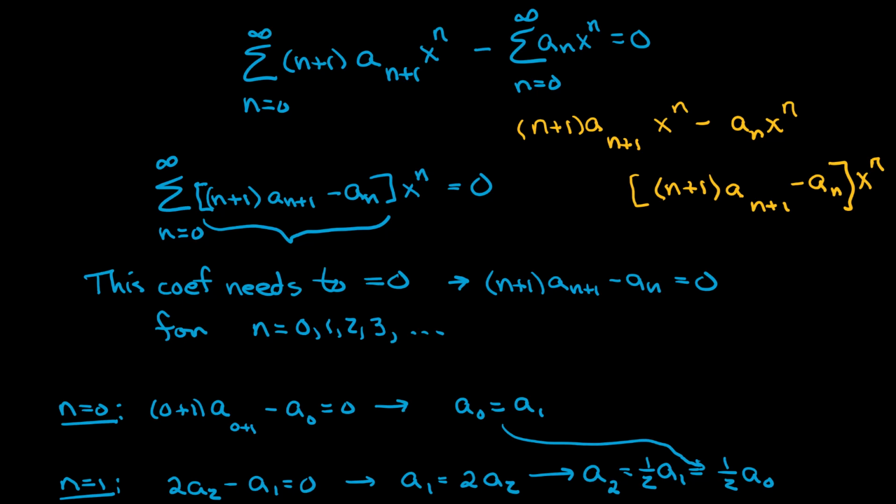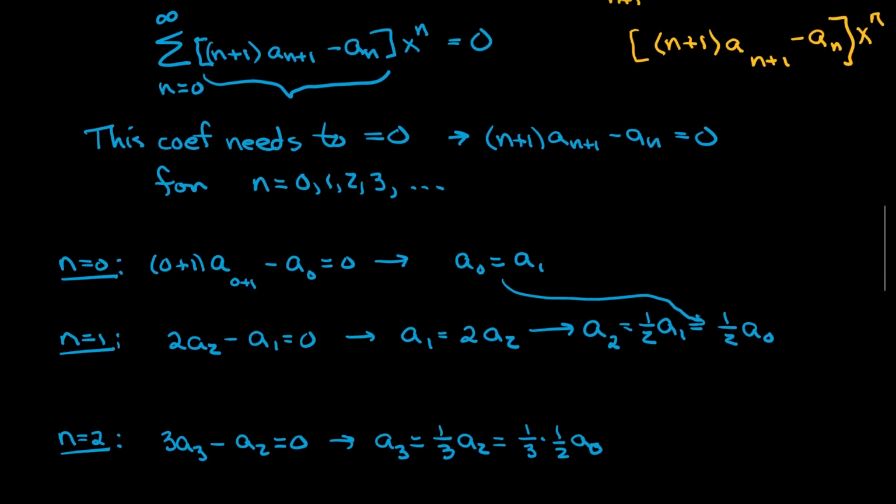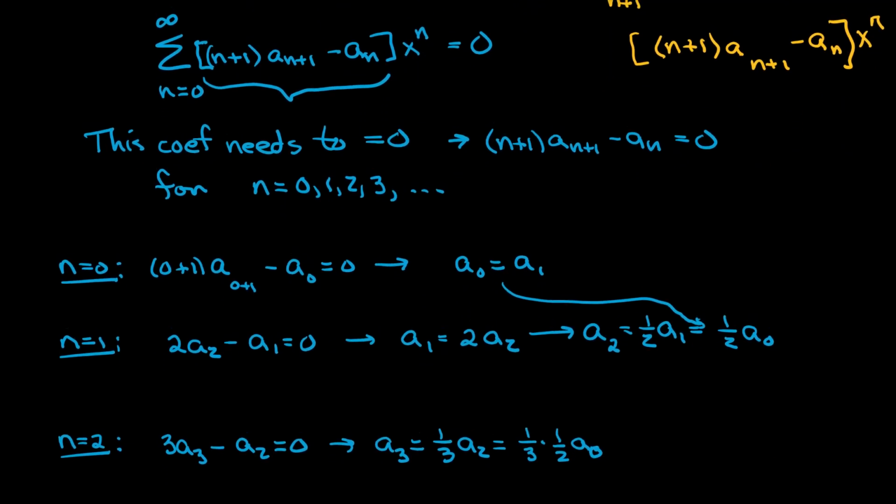Okay, so what we need to do now is to get a handle on what these coefficients are going to look like as the index progresses from n equals 0 to n equals 1 to n equals 2 to n equals 3. Well, to get an idea of what that's going to look like, I'm going to first look at the term where n is 0. When n is 0, that means I'm going to plug a 0 in for n.